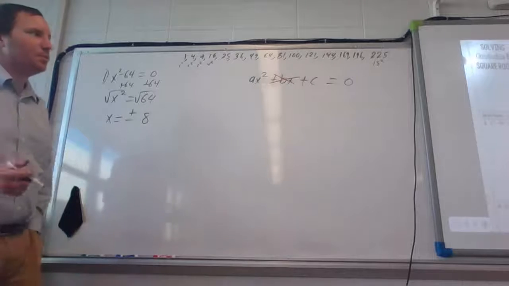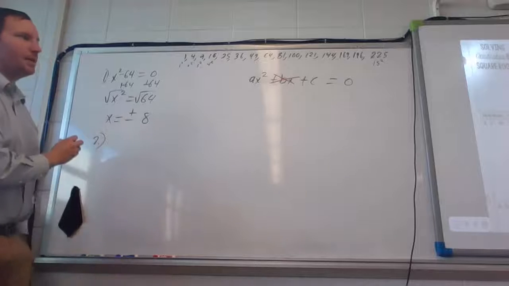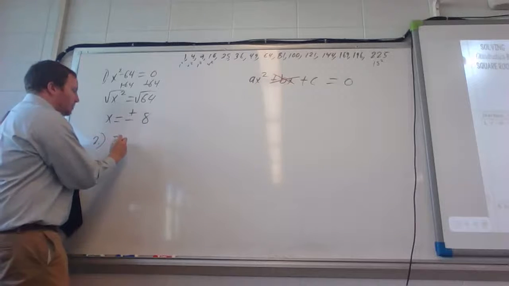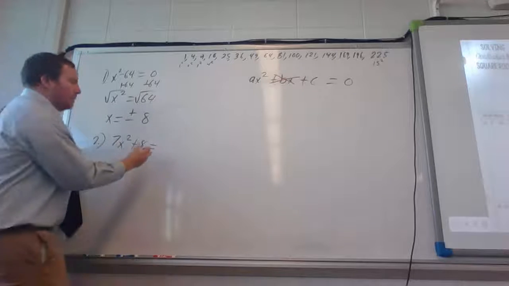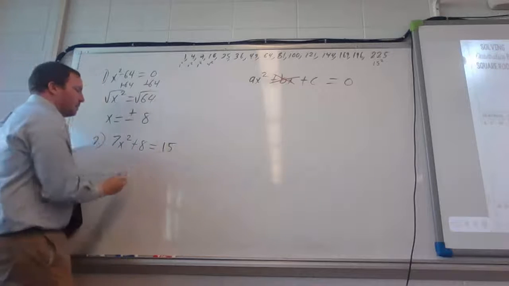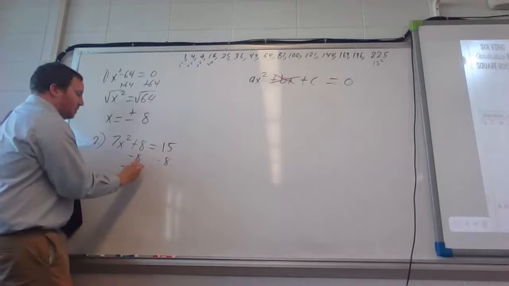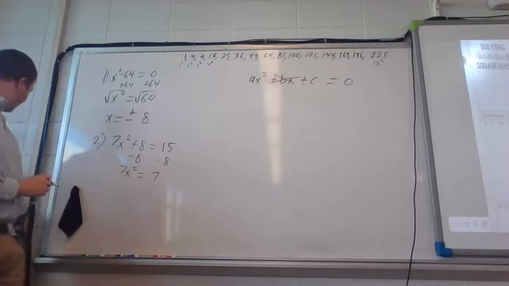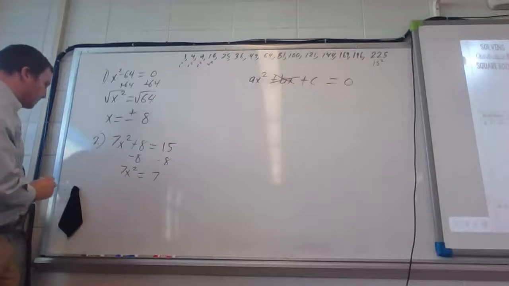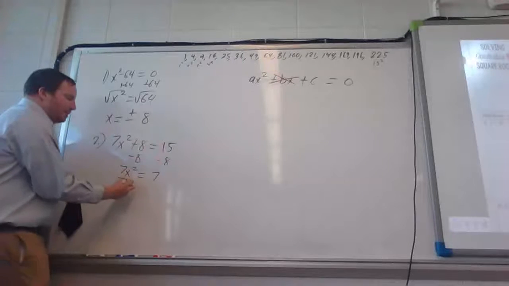So then let's look at number 2. We've got 7x squared plus 8 equals 15. Minus 8, so subtract 8. And then that gives you 7x squared equals 7. Not quite the square root yet. Divide first.